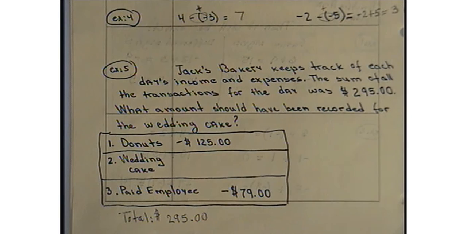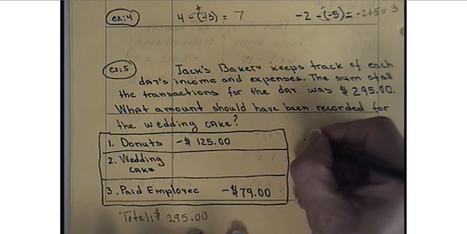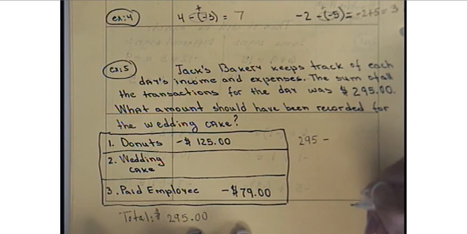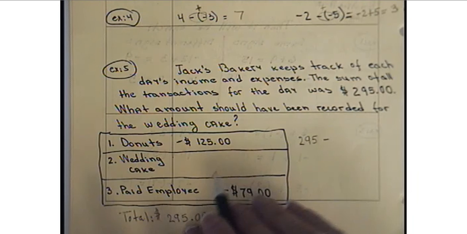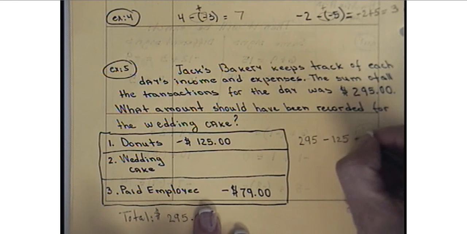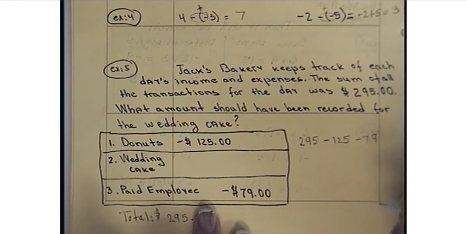We have minus $79 because you paid your employee for the service, and then we need to find out what the wedding cake price was. So what we're going to do, actually, we will get the total amount of $295 and we will subtract each one of those. So first we will subtract 125 and then we will subtract 79. And whatever is left, that will be the price of the wedding cake.